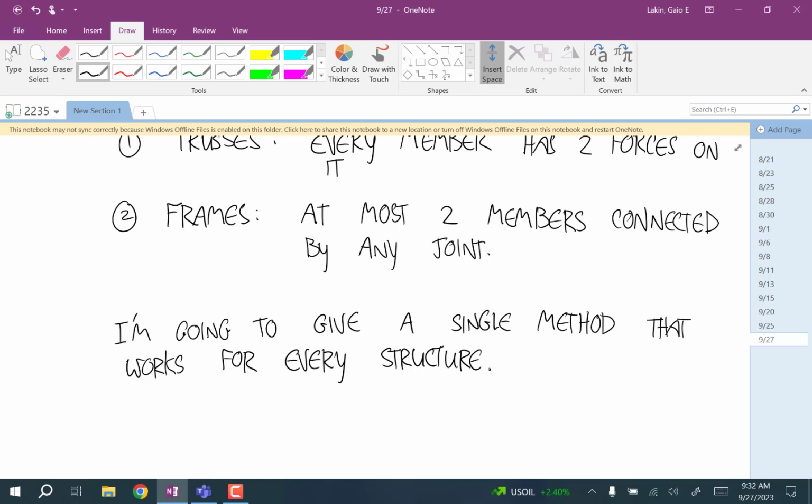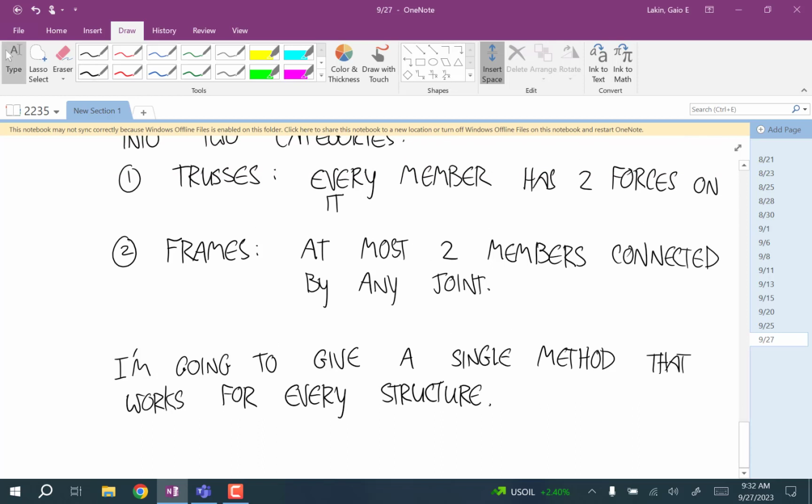So that seems good. The downside is that especially trusses reduce the number of variables and the number of equations by a lot. So this method I'm going to teach you gets ridiculously unwieldy if you have large numbers of members in your structure.